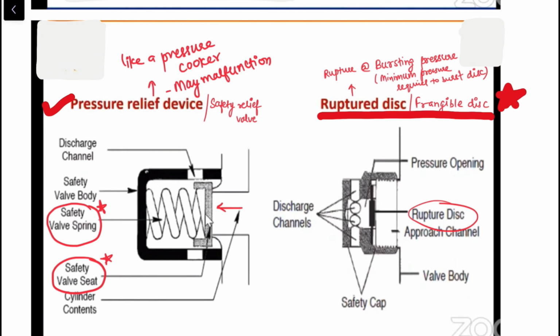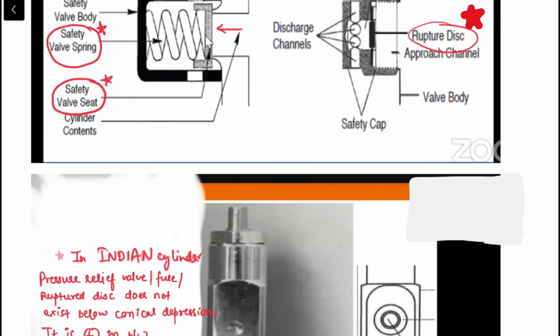So if the pressure increases, it won't let the air move out, it will simply rupture. Because it ruptures and the gas moves out, it prevents the pressure from building to an extent that the cylinder may burst. Again, it has to be sent to the company, because once it has broken, it cannot be replaced then and there.